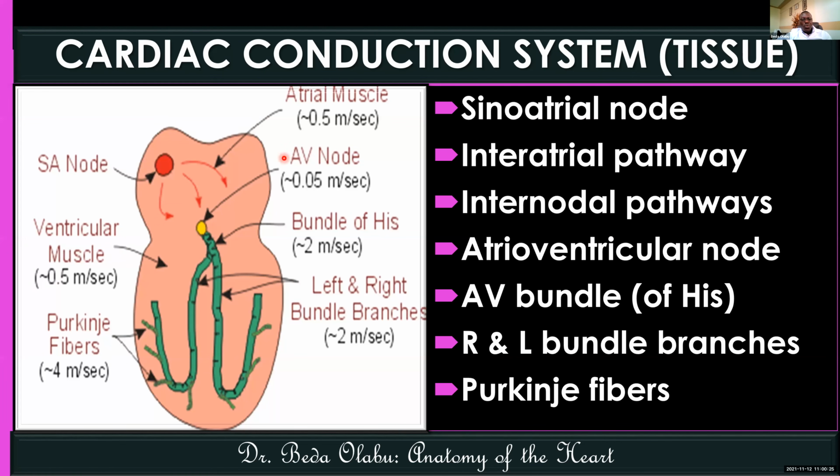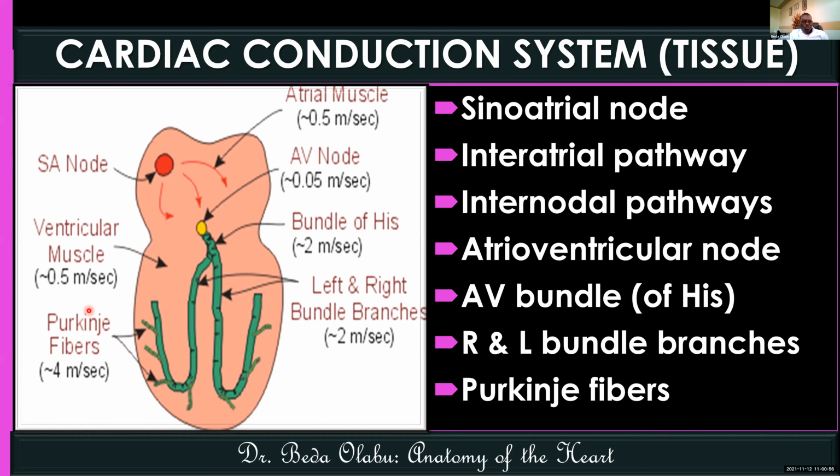I really don't want you to cram the actual absolute numbers, but I want you to capture two things. That the AV node is the slowest site, so the site of conduction delay. You can imagine 5 centimeters per second. Slow.